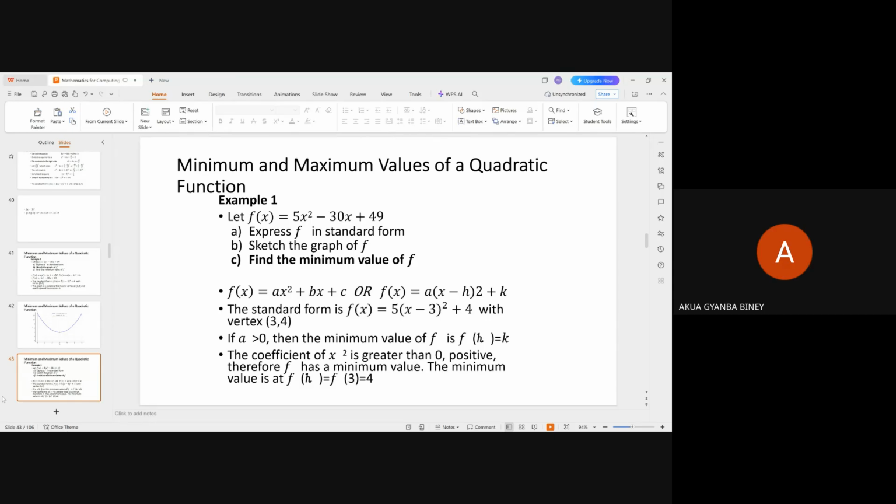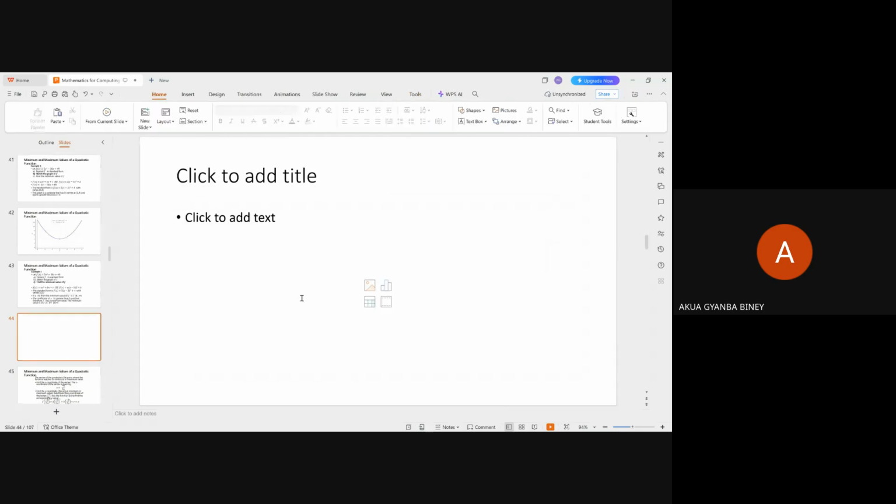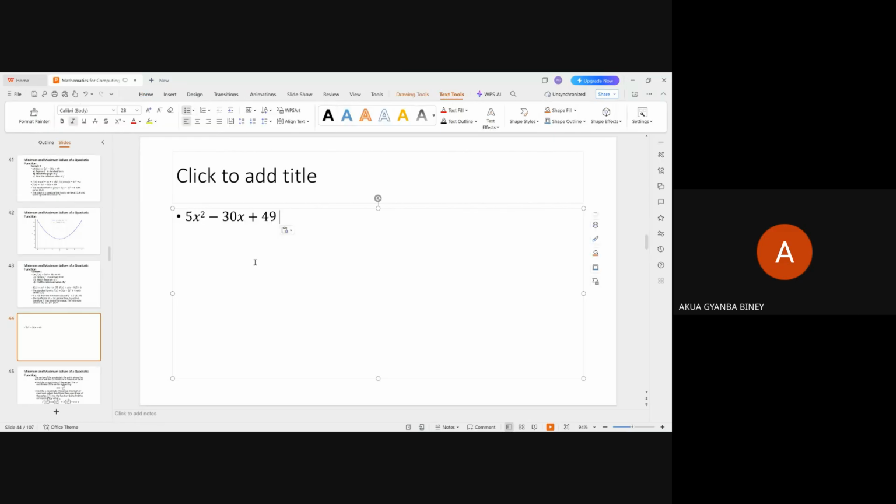So all that I did here was, let me copy this. The values that we had for the vertex are h, comma k, which was 3, 4.